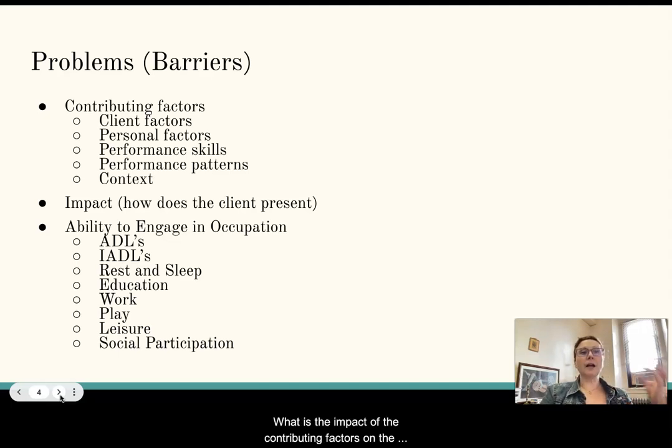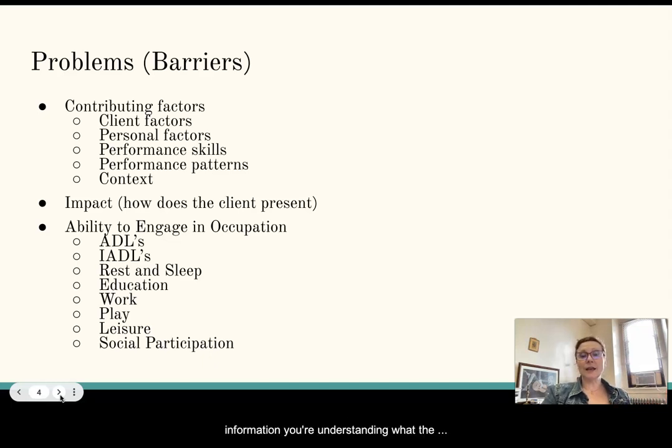What is the impact of these contributing factors on the client? This information you have already because you've evaluated the client, and now you're analyzing the information. You're understanding what the barriers are, and then how do those barriers impact their ability to engage in occupation. And those occupations should look familiar.